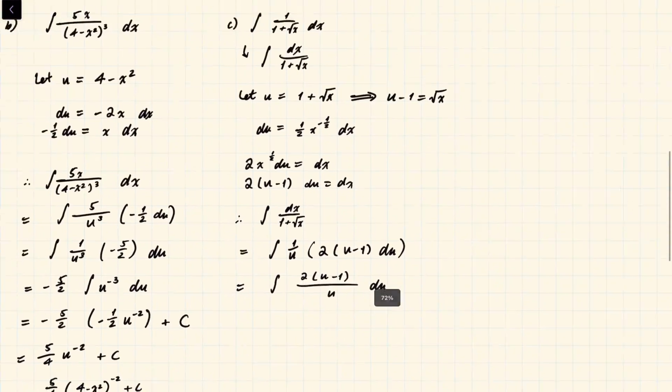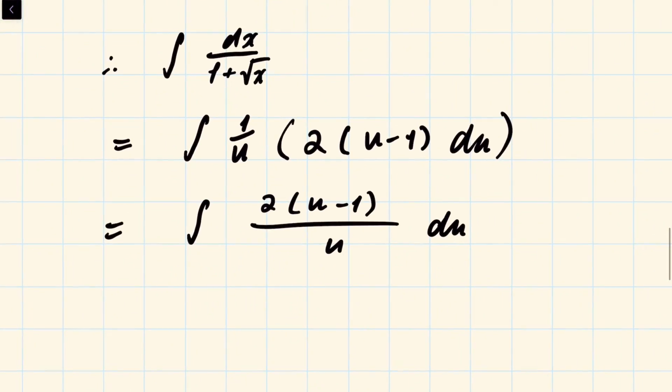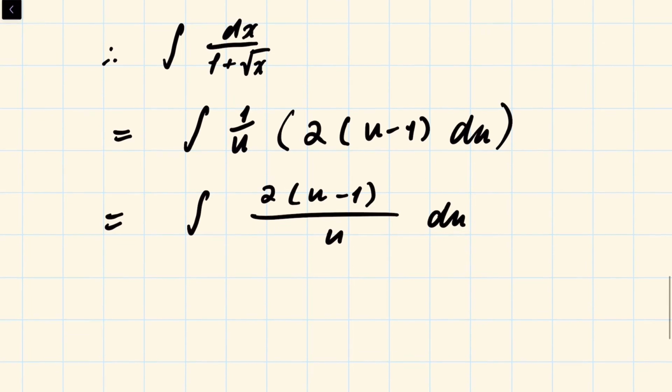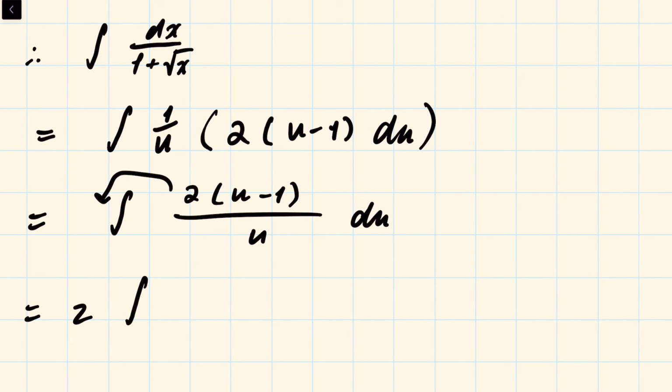Okay, and we can move this 2 over to the front here. So 2 times the integral of u minus 1 over u, and du here.